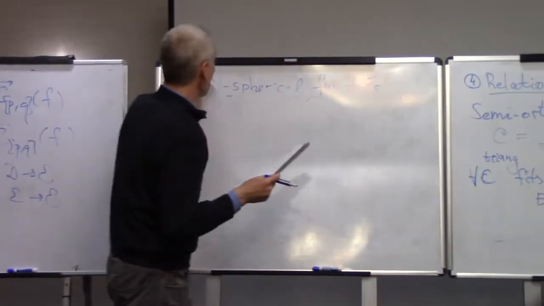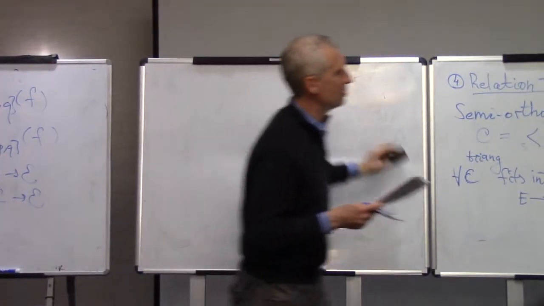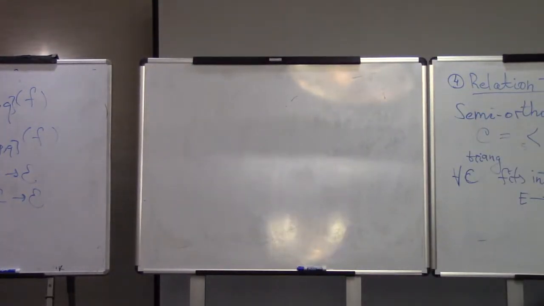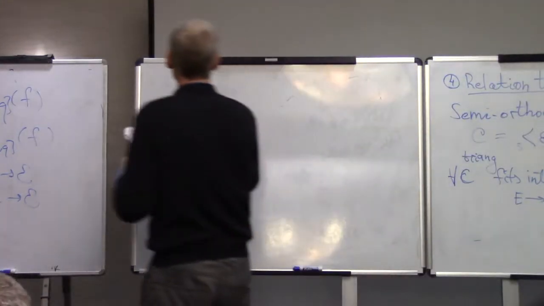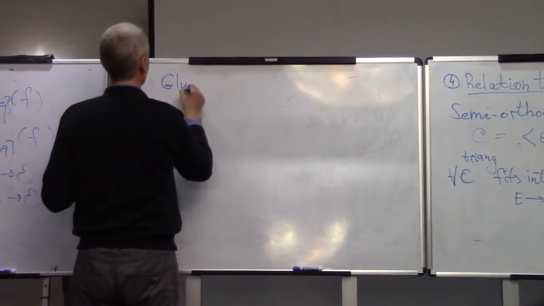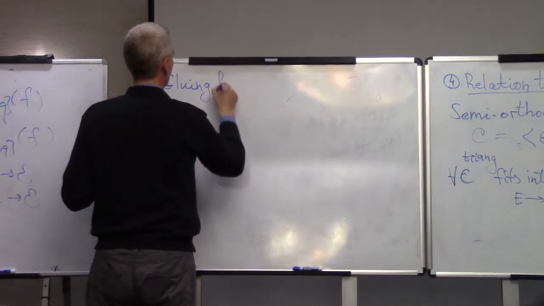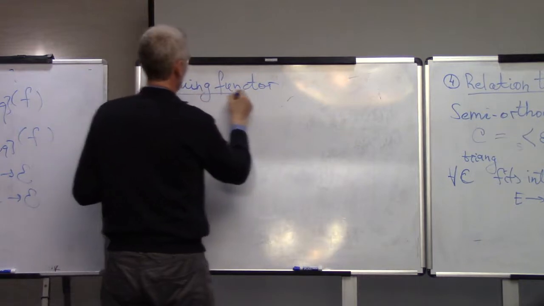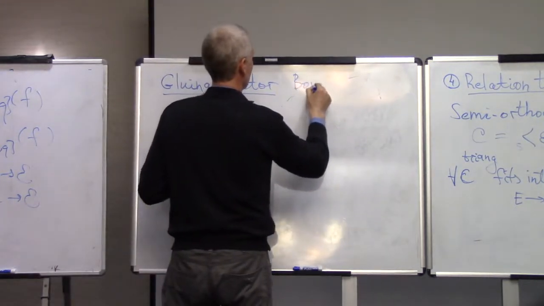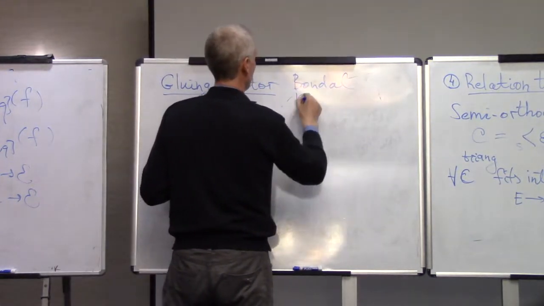Now, in such a situation, a way of forming a semi-orthogonal decomposition is by the so-called gluing functor. This was discussed by Bondal, Kuznetsov, Lunts and others.